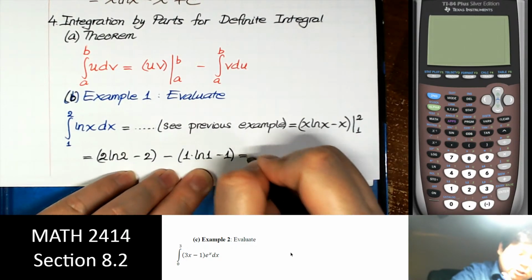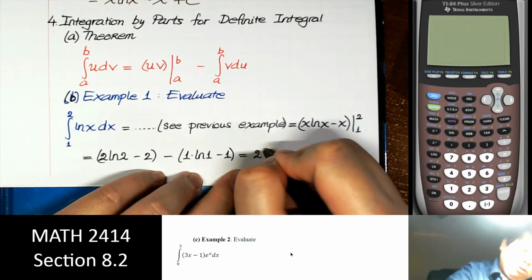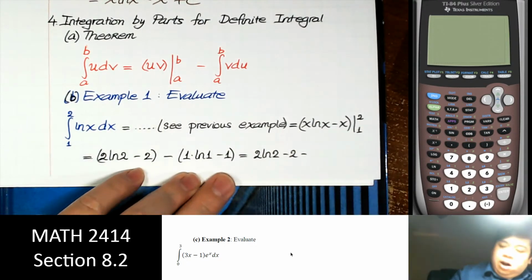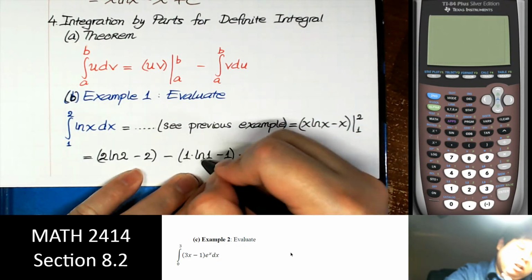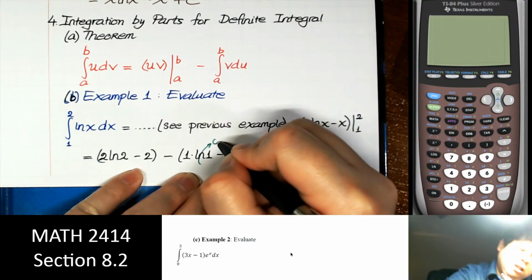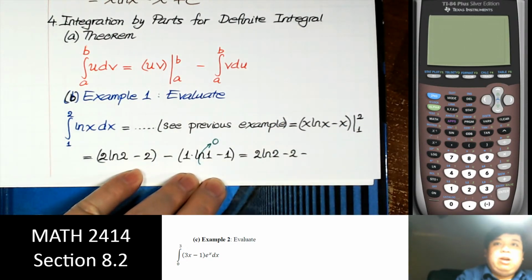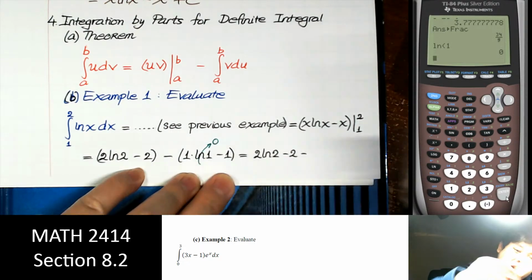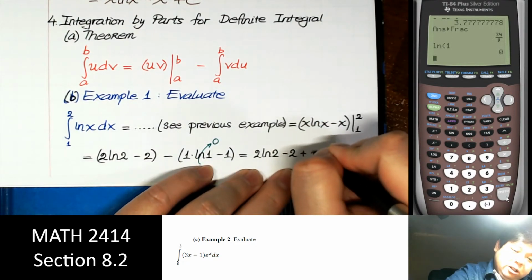So 2 ln of 2 minus 2, ln of 1 is 0, and then minus the negative, it's going to be plus 1.